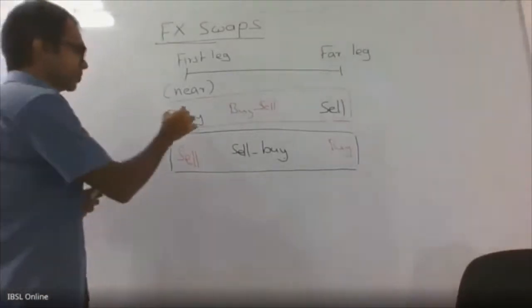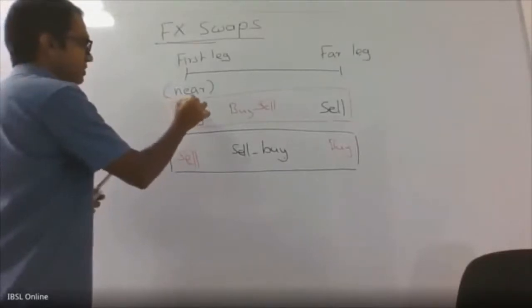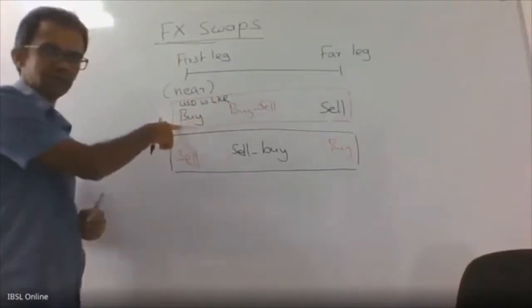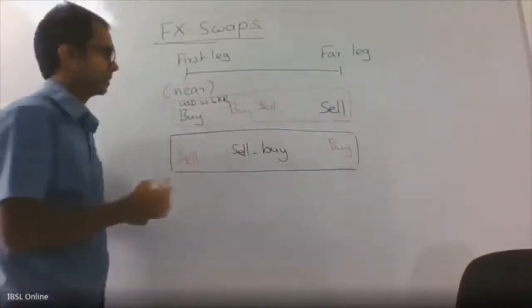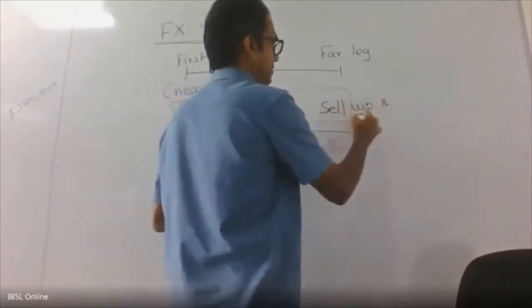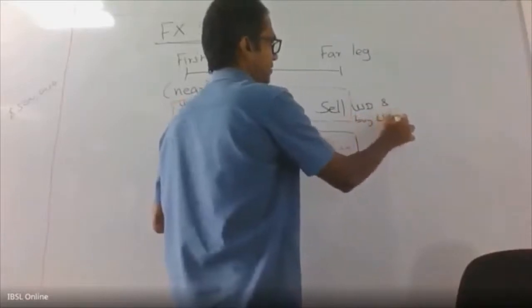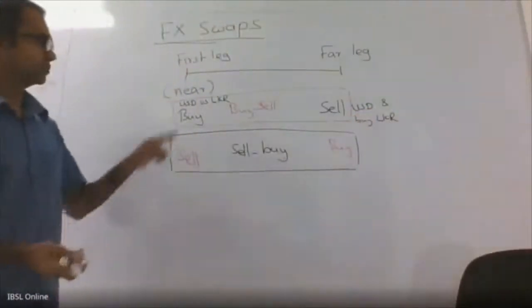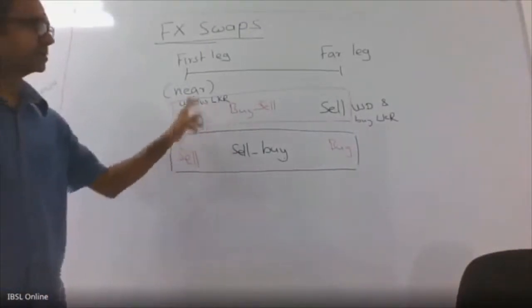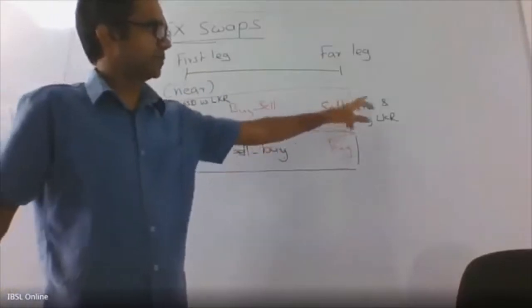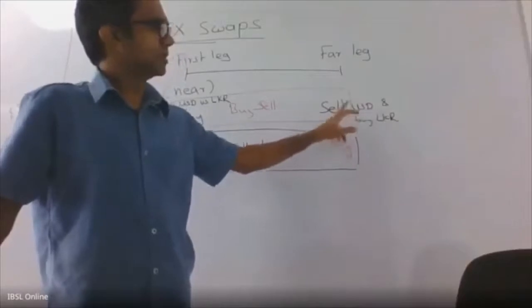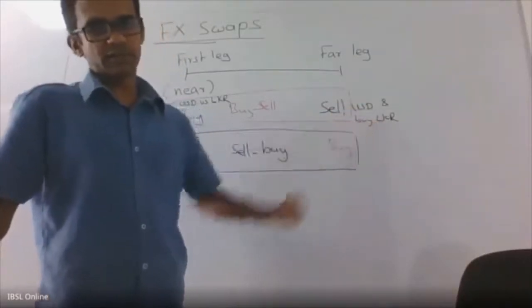So if you buy USD against LKR on the near leg, what do you do? In the far leg, you sell USD and buy LKR. Here you bought dollars, paying LKR, that means selling LKR. In the far leg, the same amount of dollars you bought, you sell for LKR.